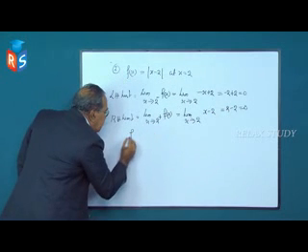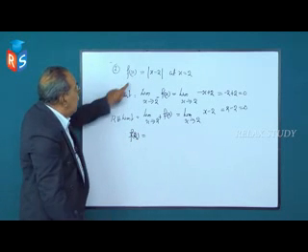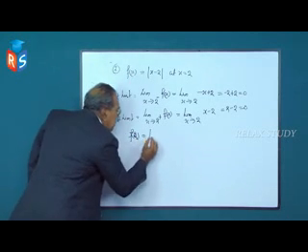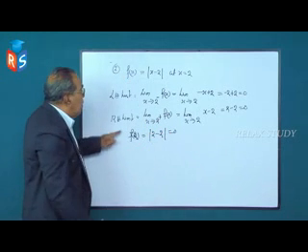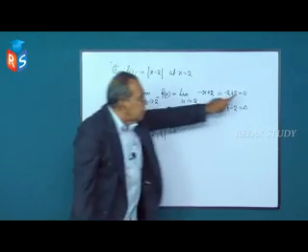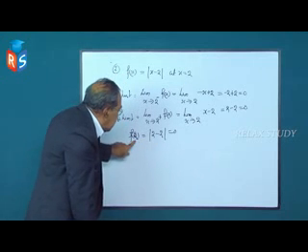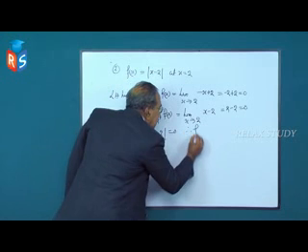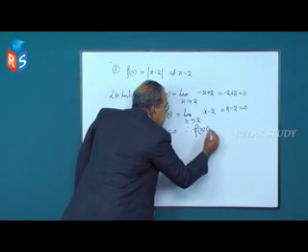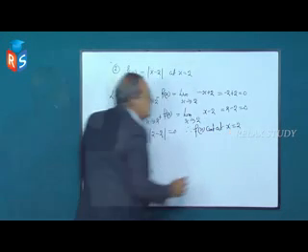And f(2) is equal to the absolute value of 2 minus 2 is equal to 0. Therefore, the left hand side limit is equal to 0, the right hand side limit is equal to 0, and the value of the function at x equals 2 is also equal to 0. Therefore, f(x) is continuous at x equals 2.